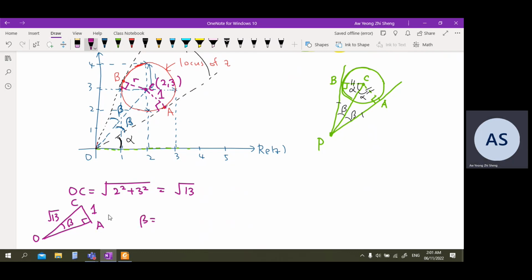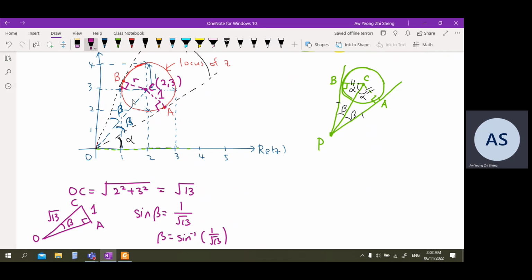So beta must be inverse sine of opposite over hypotenuse, because sine of beta is opposite over hypotenuse, which is 1 over root 13. So beta must be inverse sine of 1 over root 13.